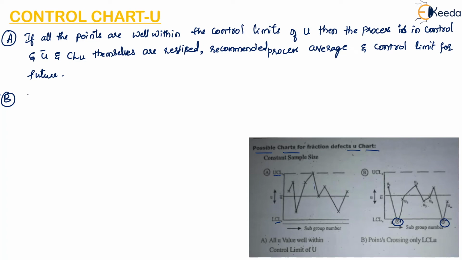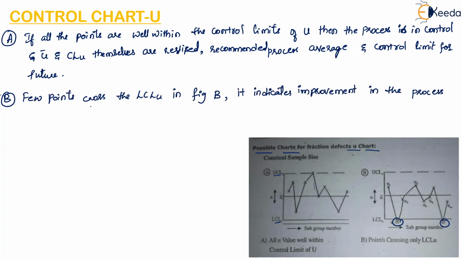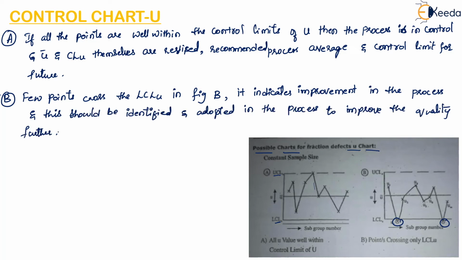So the process has to be improved and we have to identify the causes for such points which are going below the lower control limit and we have to adopt the improvement in the process for further quality improvement. Here also the U bar, that is fraction defect, and the control limits are themselves revised or they are recommended process average and control limit for future.